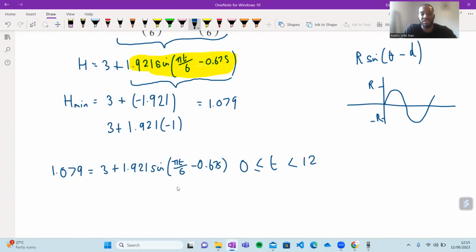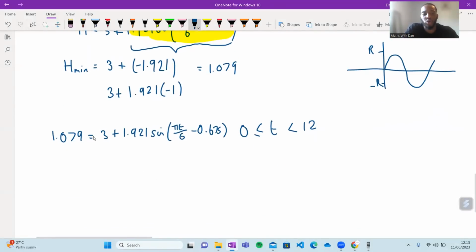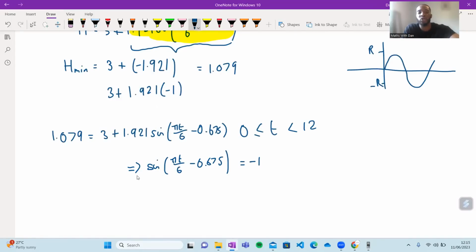We know that occurs when it's -1. So you could move the 3 over, and then divide by 1.921. What you'd get is sine of pi t over 6 minus 0.675 equals -1, because that is where it occurs anyway. You can do it this way, move it about and get the same thing, but you can just go straight to this. Is that clear? Does that make sense, guys?